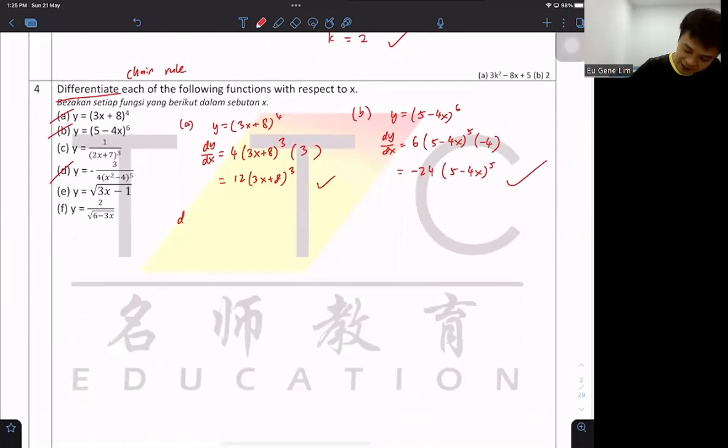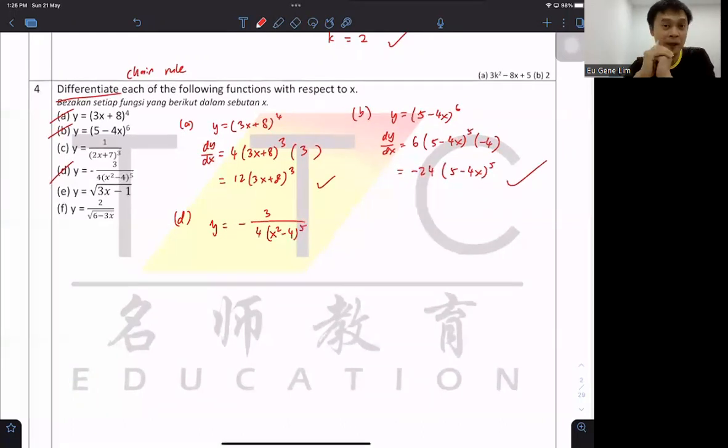Okay, like D, y equals to negative 3 over 4 bracket x square minus 4 power 5. Wow, this one a lot. But then you see this bracket is at the bottom, right?